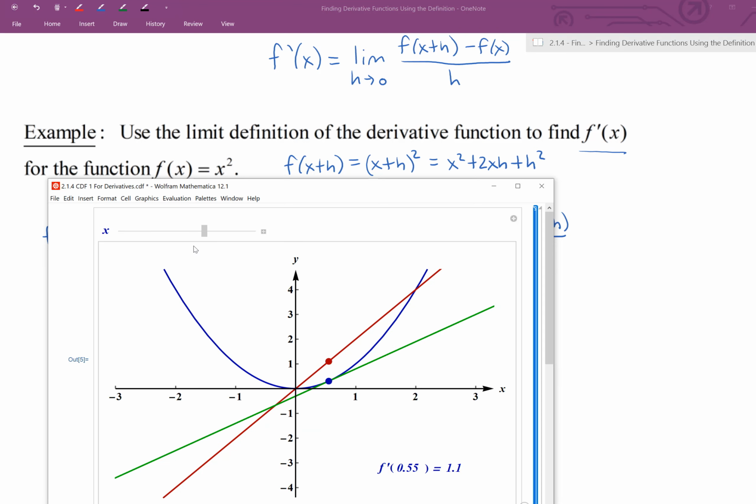Something similar can be said to the left of 0. Over here to the left of 0, that parabola, y equals x squared, is a decreasing function. And we can see the slopes of the corresponding tangent lines are negative over there. And thus the function y equals 2x has output values that are negative, below the x-axis.